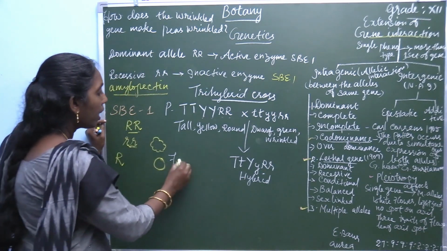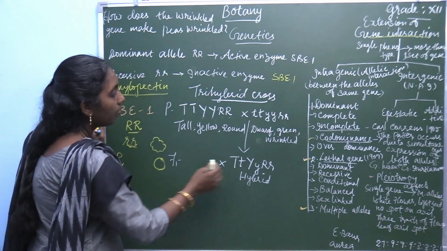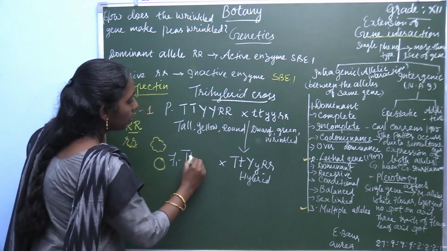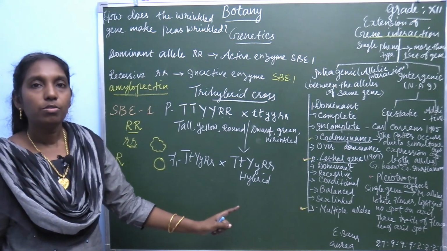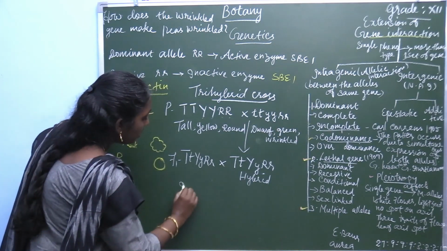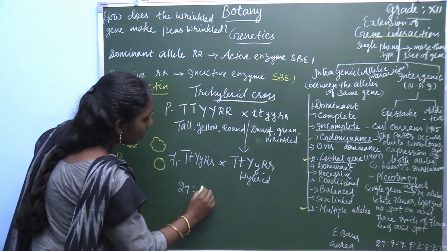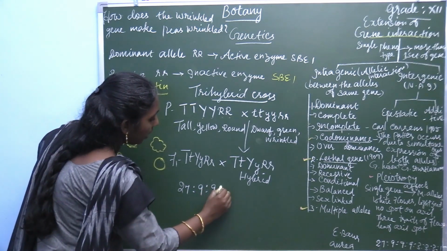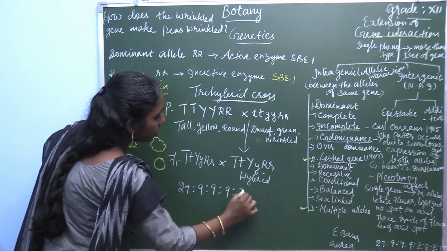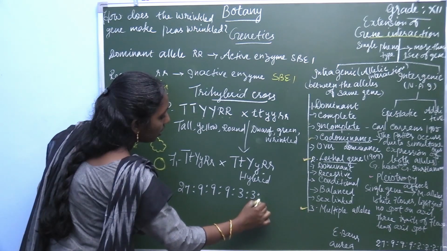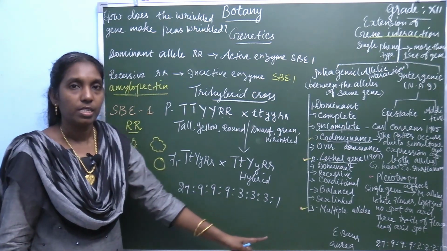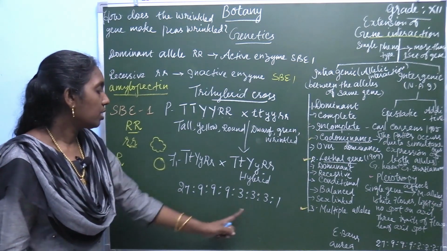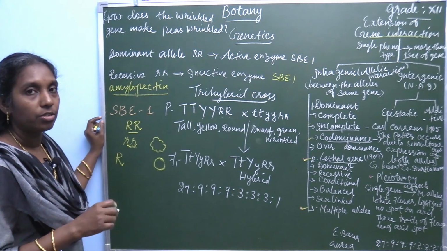When this F1 hybrid is self-crossed, with the same capital T, capital Y, capital R small r, it gives the ratio 27:9:9:9:3:3:3:1 out of 64.